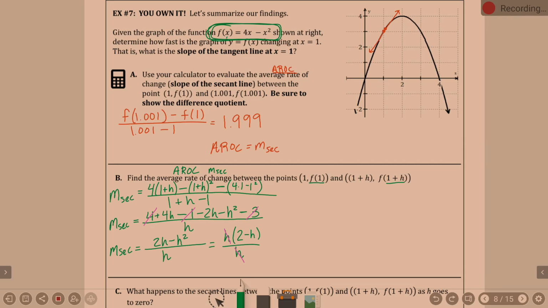So the slope of the secant line, or in other words AROC, which is what they ask us to find, is 2 minus h, as long as h does not equal 0.